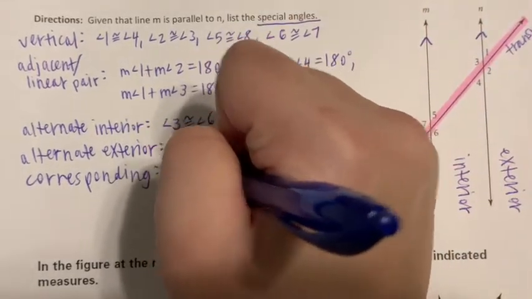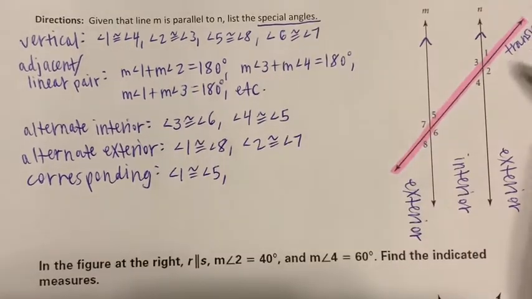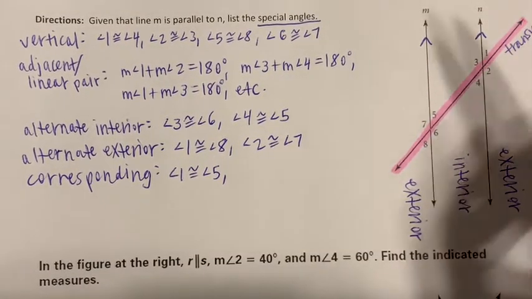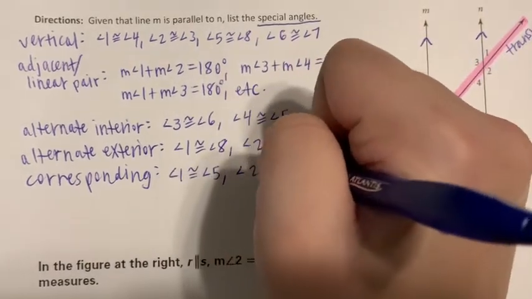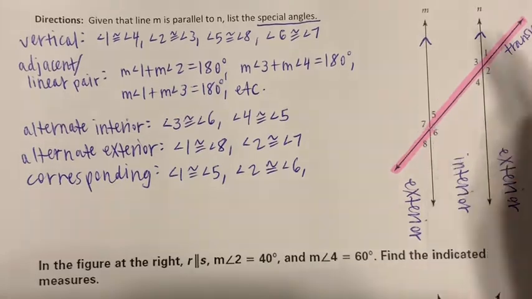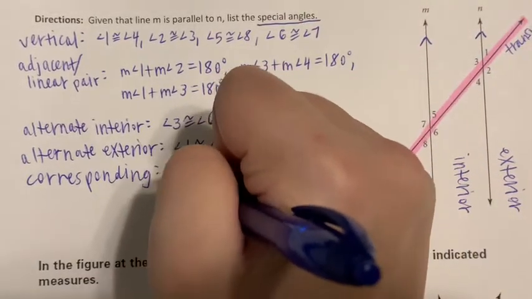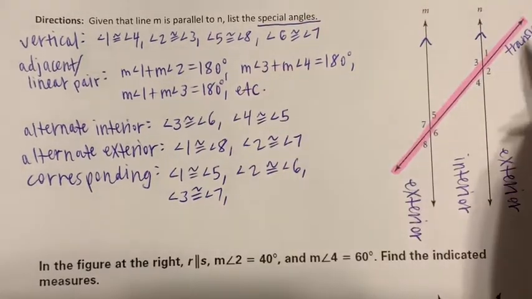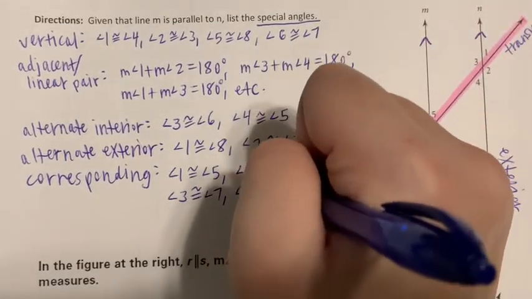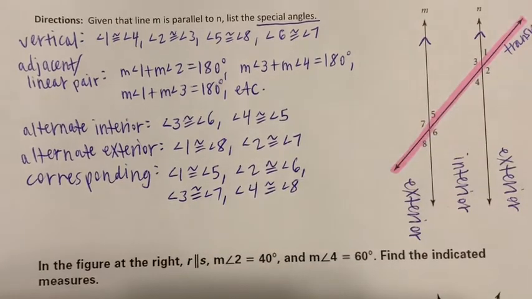Angle 1 is congruent to angle 5. I could say 2 and 6. Angle 2 is congruent to angle 6. I could say angle 3 is congruent to angle 7. I could say angle 4 is congruent to angle 8. So those would be all of my corresponding angles. There are 4 of them.